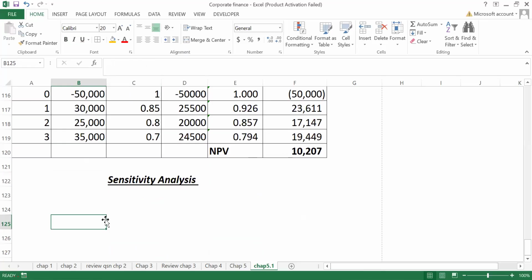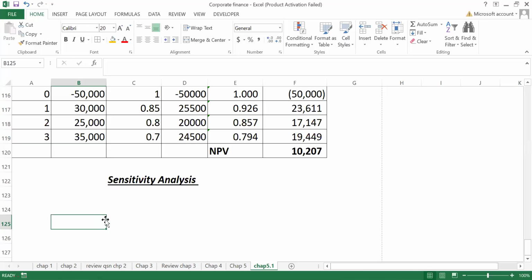In sensitivity analysis, you are looking at how each variable will affect your NPV, how sensitive the NPV is to each variable. It is the degree at which a variable should change in order to affect your NPV.